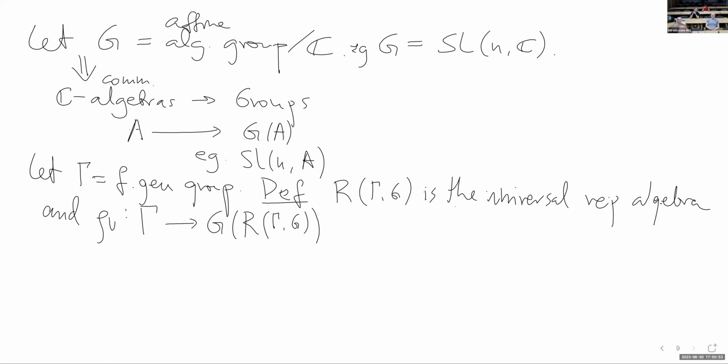And there is a universal G-representation, such that every representation of gamma into G factors through it.